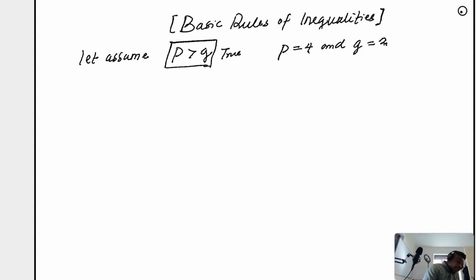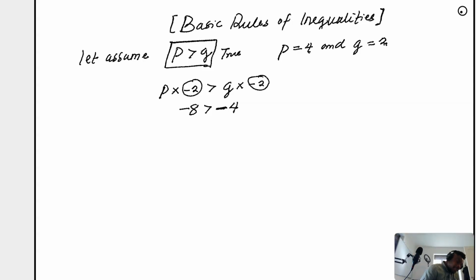Okay. So now, if I multiply both sides of this inequality by minus 2, I'm multiplying both sides by minus 2. So what is P? P is 4. 4 times minus 2, that is minus 8, right? Q is 2. 2 times minus 2, that is minus 4.